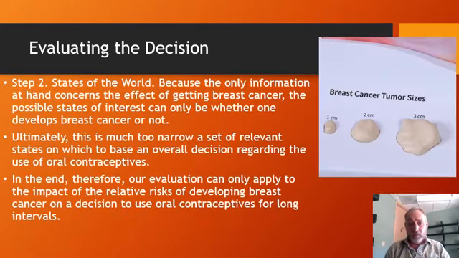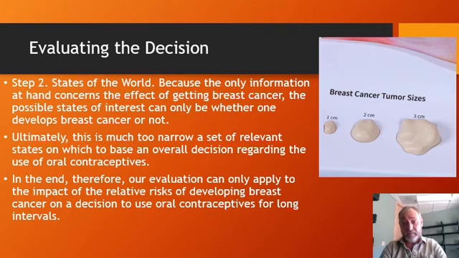All right, step two, what are the states of the world? Again, the only information we have is getting breast cancer and not getting breast cancer. So those are the states of the world that we're concerned about. Again, that's a very narrow set of relevant states. You might wonder how aggressive the breast cancer is. What are the other benefits?